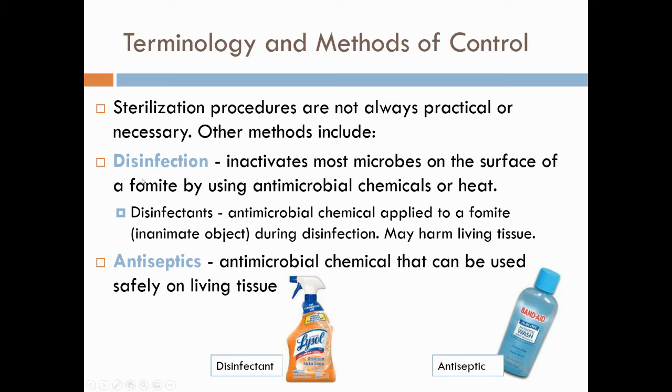Sometimes all we need to do is disinfection, which is going to inactivate most microbes on surfaces of fomites, of inanimate objects, tabletops, door handles, glasses. And all we need to do is inactivate most of the microbes using antimicrobial chemicals or heat.